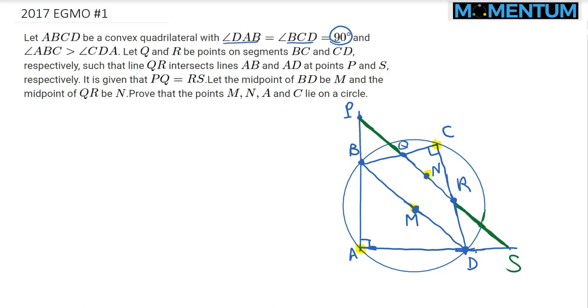Well, assuming that you guys have already spent time, or if you want, just pause the video and spend time on this problem. The critical observation is that, because QN is equal to NR, it's given in the problem, and because PQ is also equal to RS, N happens to be also the midpoint of PS as well, so PN is equal to NS.